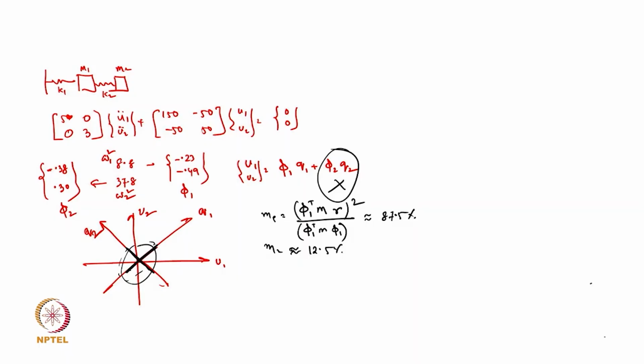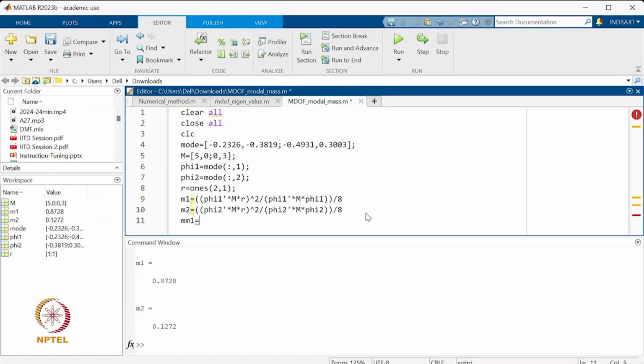Okay, good. And here, as I told in the last case, once we were doing, we had phi1 transpose M with the R vector. So that was my M1.